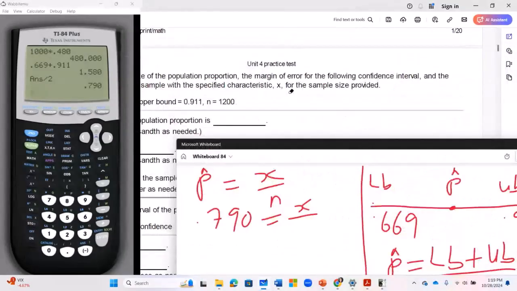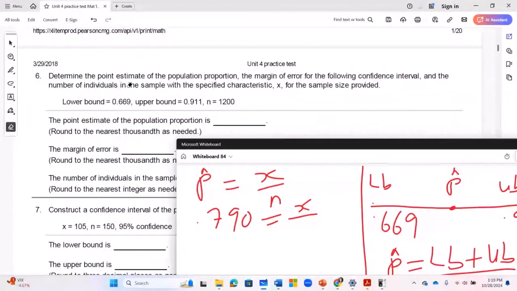What are they asking me to find? Determine the point estimate of the population proportion, the margin of error, which is the distance between the upper bound and the point estimate, and the number of individuals in the sample with the specified characteristic, x. Okay, so they want me to find x.